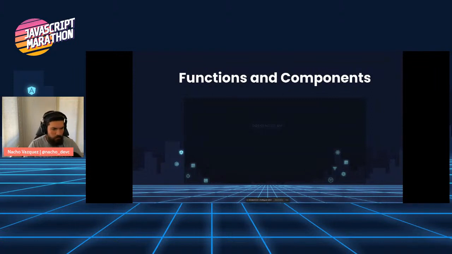So the first lesson, or the first core of what a function should be, is that functions and components should be small. And what is small? Can we come up with a number of lines of code that small means?